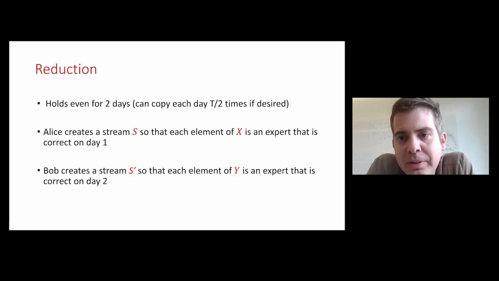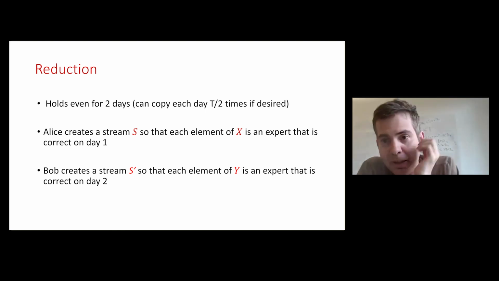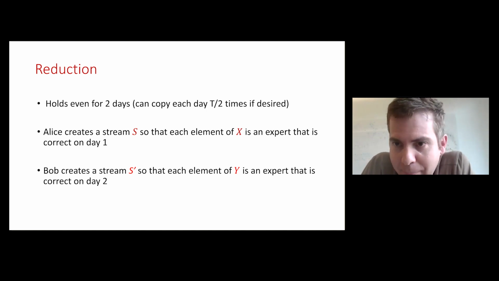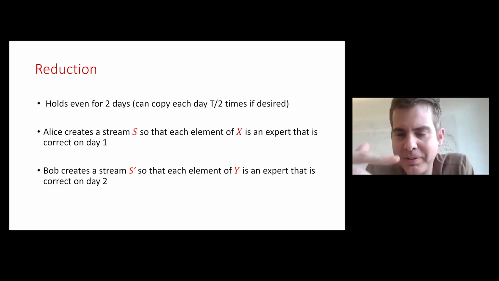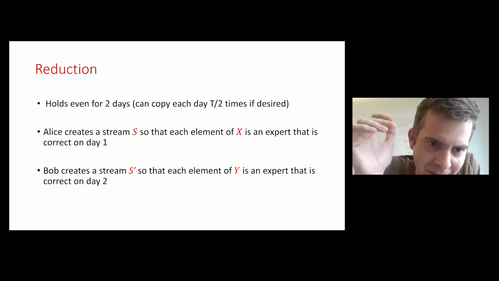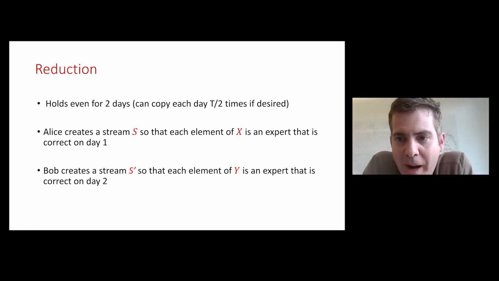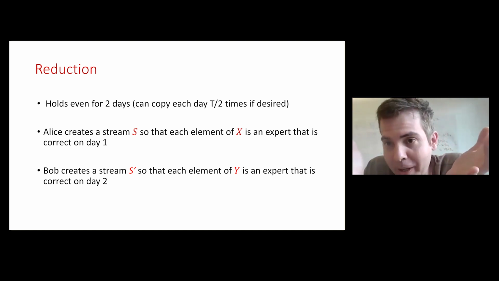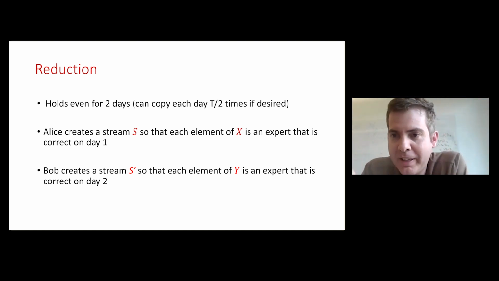So you can easily embed this into our problem, even for just 2 days. We're going to have 2 days, and the first day is going to belong to Alice. You can copy this if you want a general number t of days, but just think of 2 days. Alice has this set X, a length n bit string, and some of those bits are 1 and some are 0, and the ones indicate the experts that are correct on day 1.